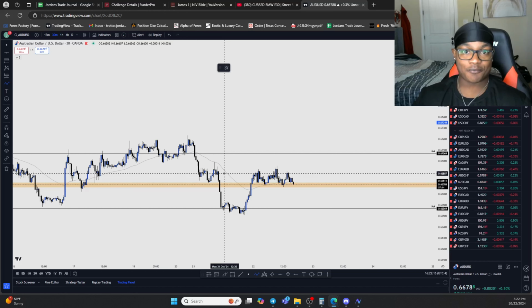What do I mean by that? If my daily and my 4-hour are bullish, I've already marked off my area of interest to where I want to see price get to before entering a trade. I will then wait for price to get back into that area.